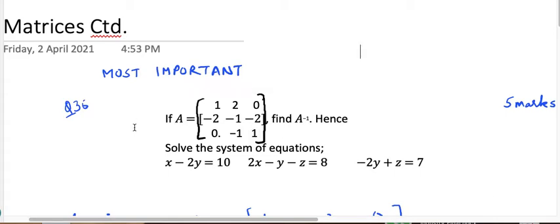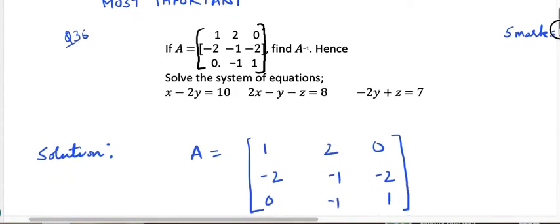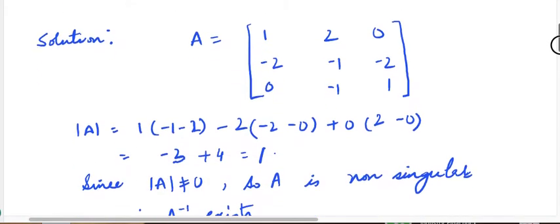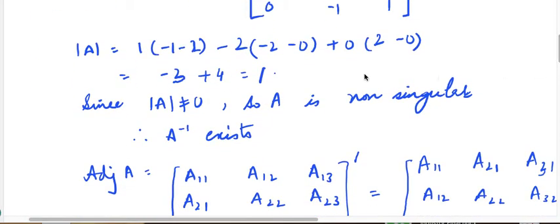Here it is given to us matrix A, 1 2 0, minus 2 minus 1 2 and so on. Now we know how to find A inverse. First of all, we find the determinant, and if determinant is non-zero, A inverse exists.